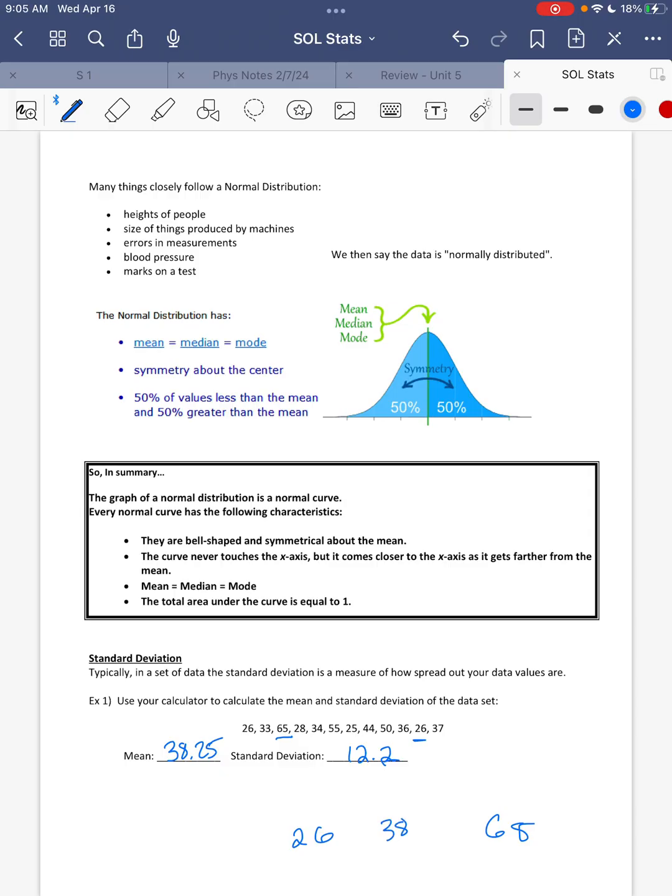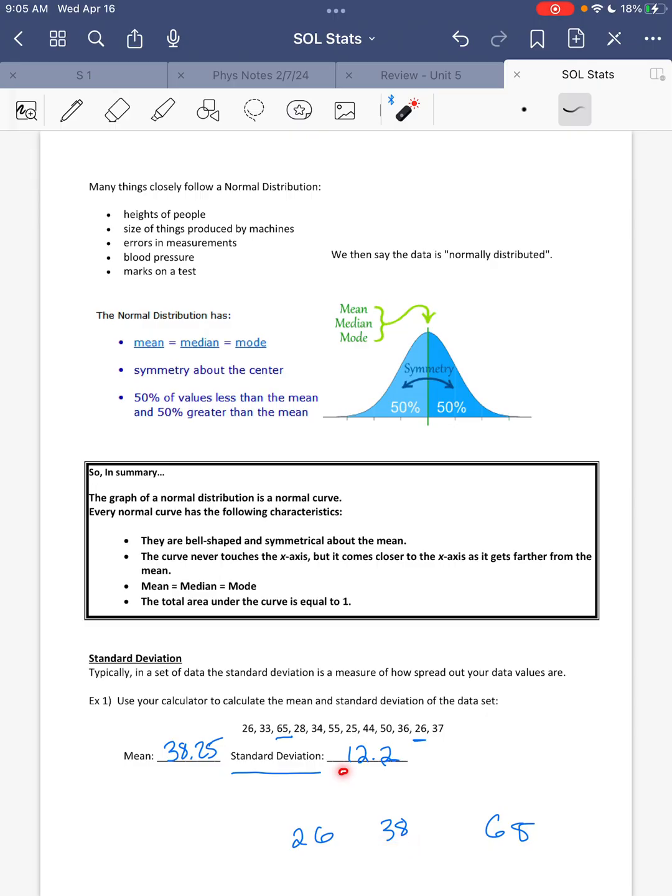So this is not normally distributed data, but there's something called the standard deviation, and it has a formula for it. But I just need you to know that the standard deviation is basically a number that tells you how much your data differs from the center. It's the average amount that a data value in your list will deviate or be different from the middle.